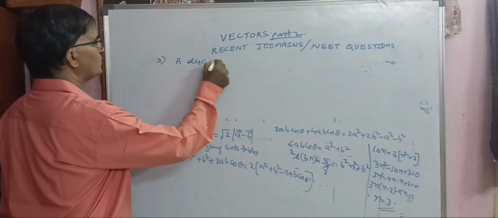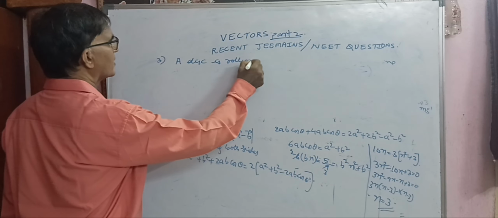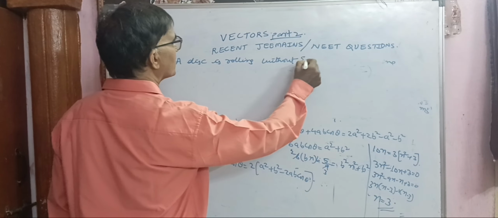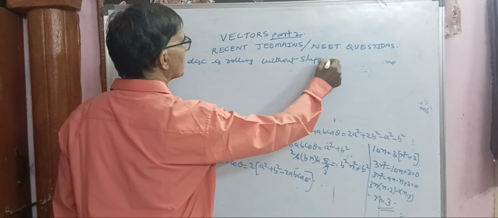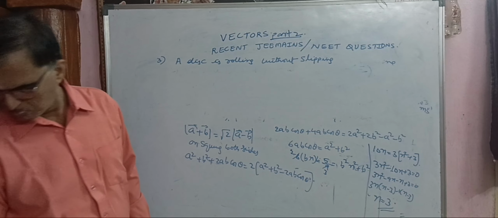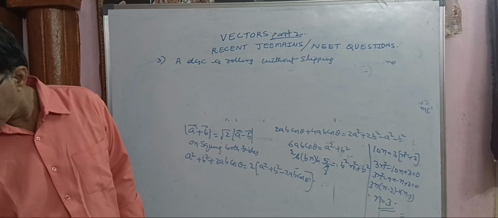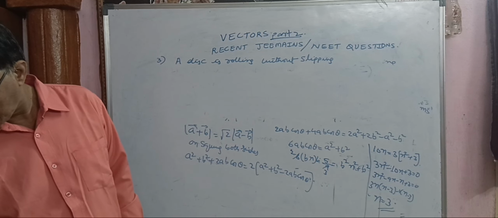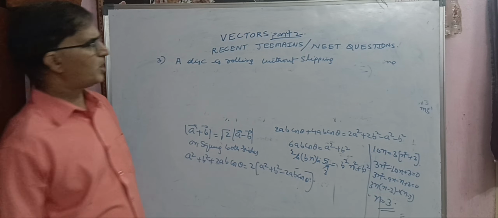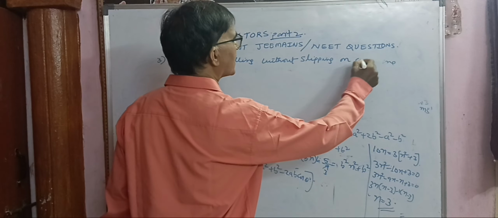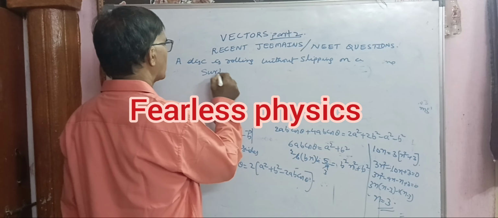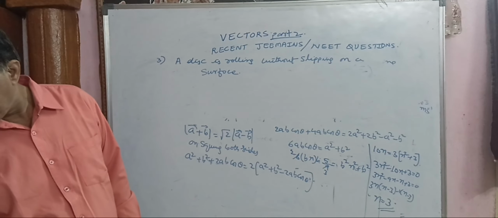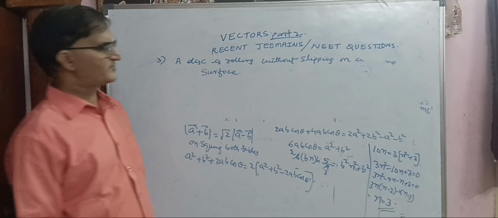A disc is rolling without slipping on a surface. The radius of the disc is r.